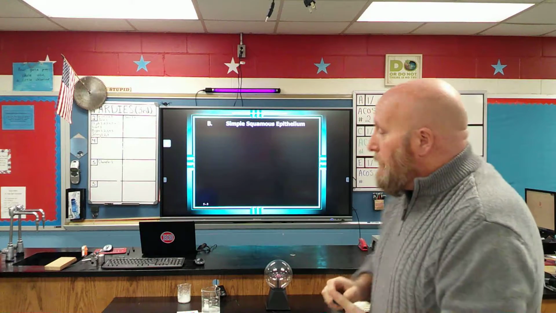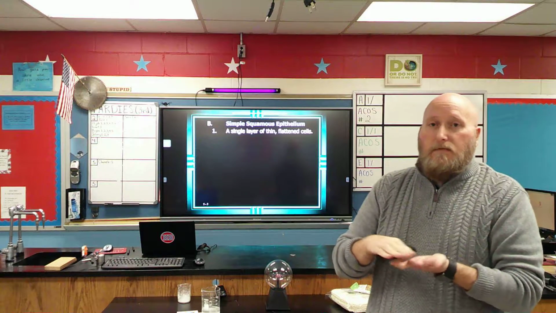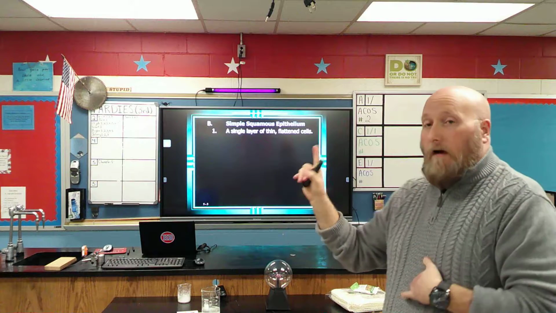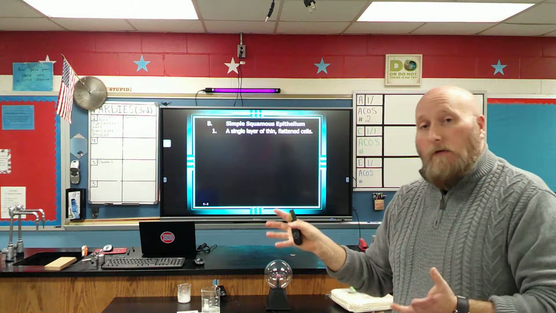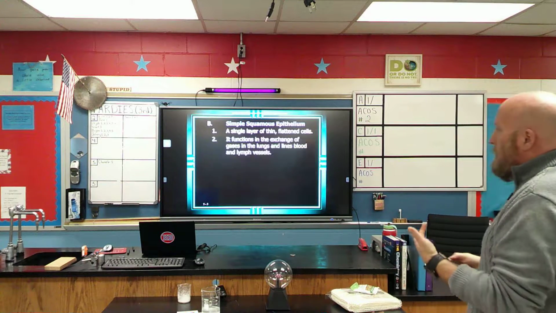Squamous comes from the root word squama, which means scales, or squashed, flattened. So these cells are thin and they're flat. So simple squamous epithelium is one layer of thin, flattened cells. Pretty straightforward, isn't it?